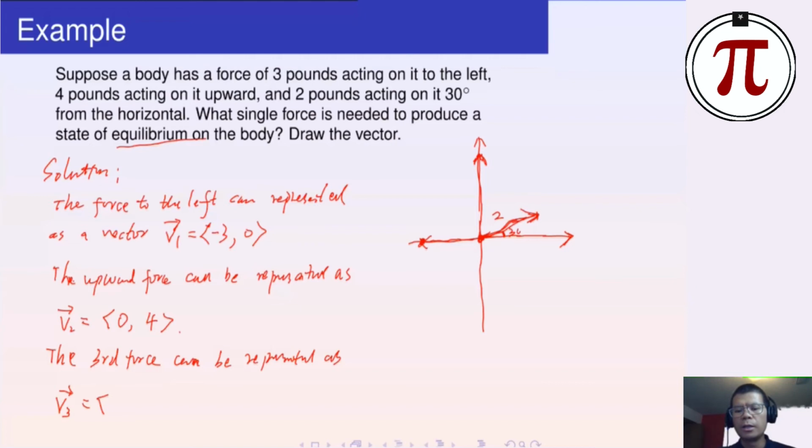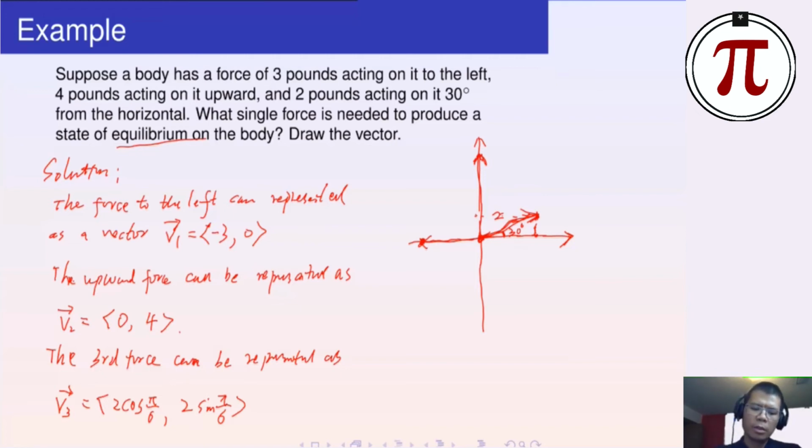Can you find the x coordinate and the y coordinate of the terminal point? The x coordinate is 2 times cosine of pi over 6, and the y coordinate is 2 times sine of pi over 6, because 30 degrees is pi over 6.